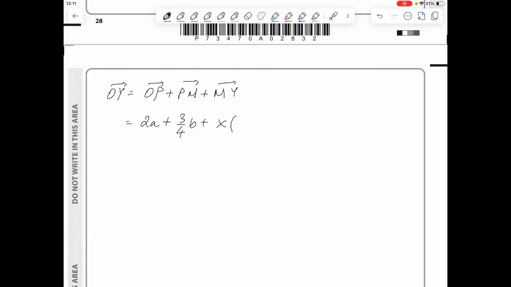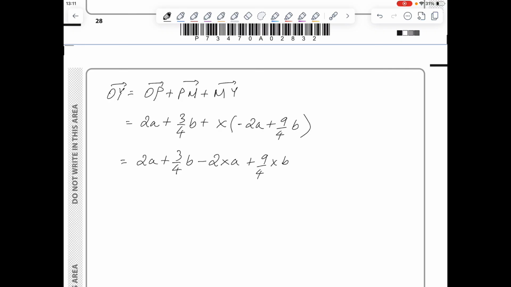So it's x times MR. Now we found MR in part a. This is minus 2a plus 9/4 b. So let's expand. I've got 2a plus 3/4 b minus 2xa plus 9/4 xb.